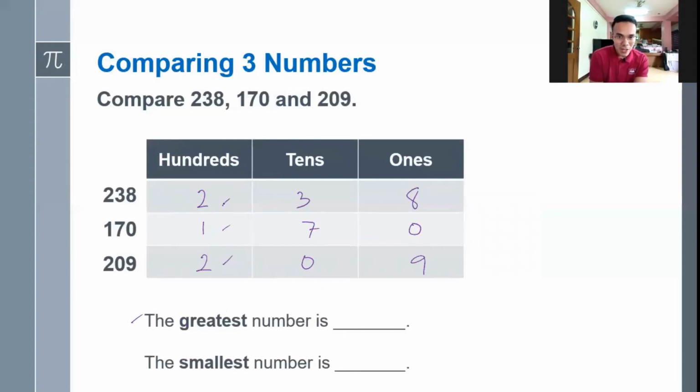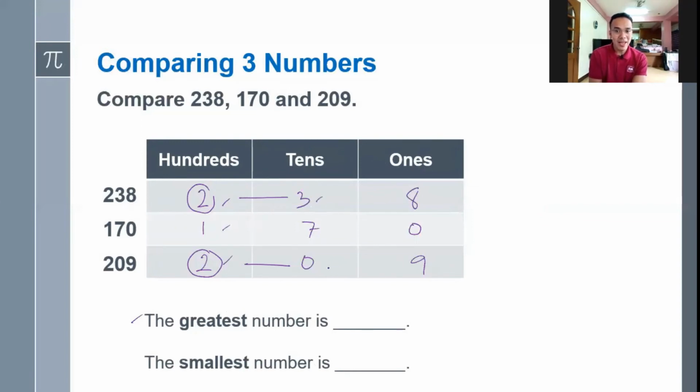So we have here 2, 1, and 2. So 2 is greater than 1, but there are 2 2's here. So the greatest number is either 238 or 209. So since these two numbers are the same, then we will compare the tens, okay? Look at the tens for 238, it's 3.